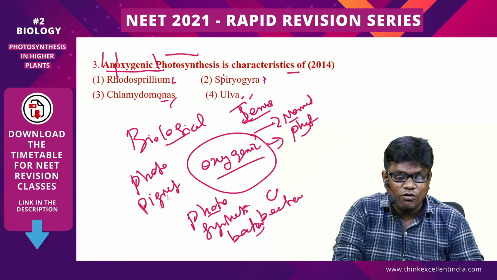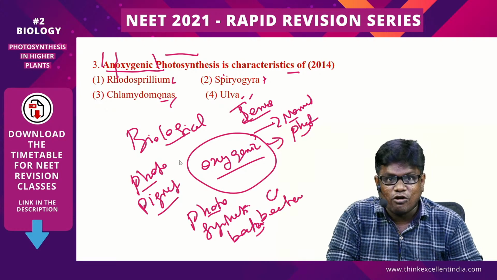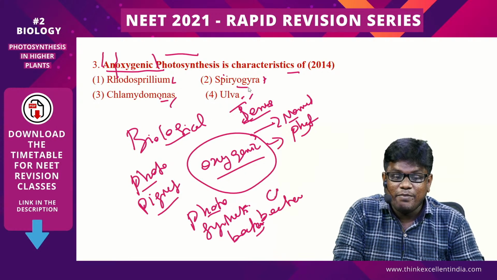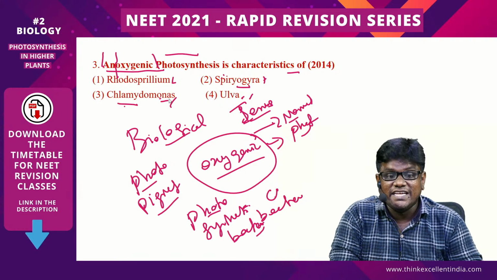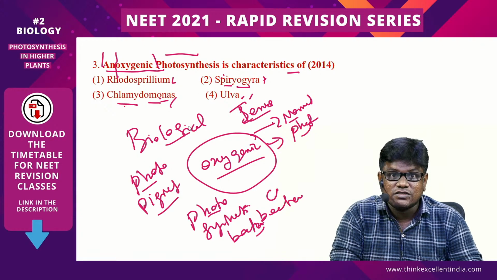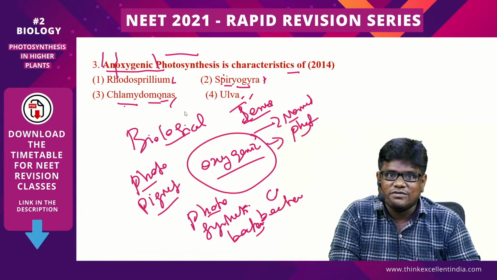They also belong to the autotrophic mode of nutrition, and you have to be very clear with this information. Basic information is much essential in NEET. Spirogyra and Chlamydomonas are organisms belonging to the algae types.